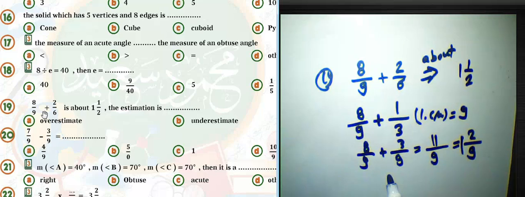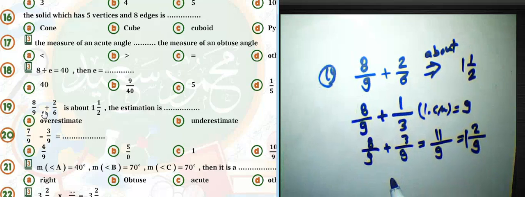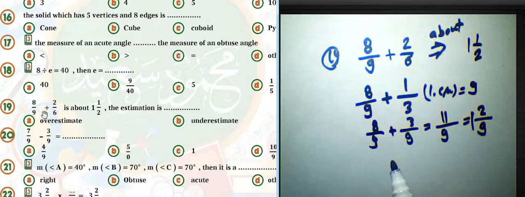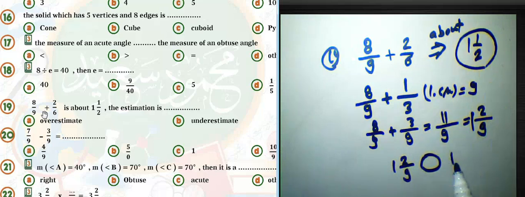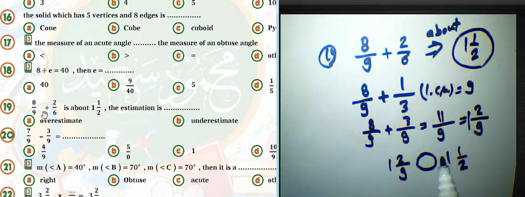Now we compare the actual number and the estimation. The actual number is 1 and 2 over 9, and the estimation is 1 and 1 over 2. Which is greater? To know, we must find the common denominator, or you can use the product of extremes and means. 2 times 2 equals 4, and 9 times 1 equals 9.